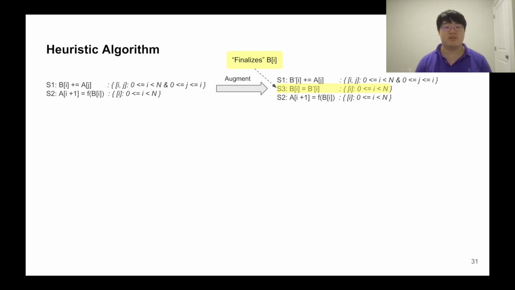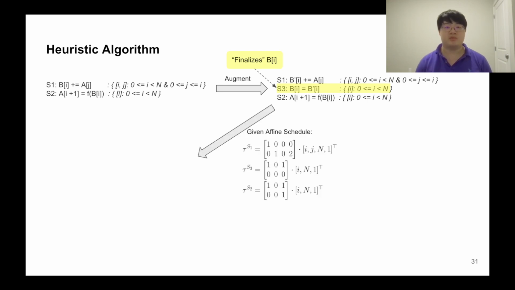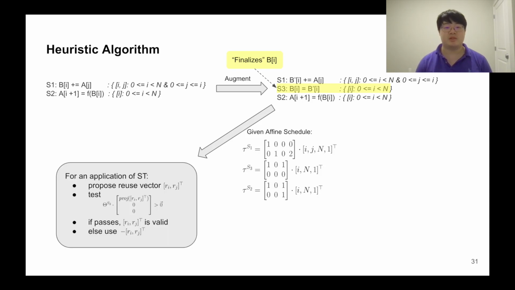Intuitively, if we have a schedule for statement S3, then we get an affine schedule for when each value of b_i is fully computed. Next, the heuristic algorithm assumes that an affine schedule of this augmented program is given to the algorithm. Now, the heuristic algorithm performs the following for each ST application opportunity.